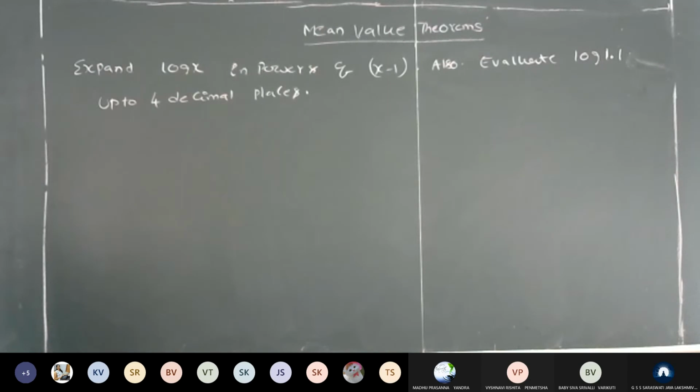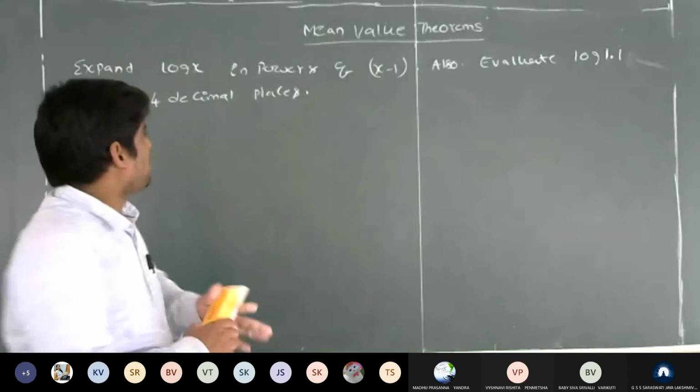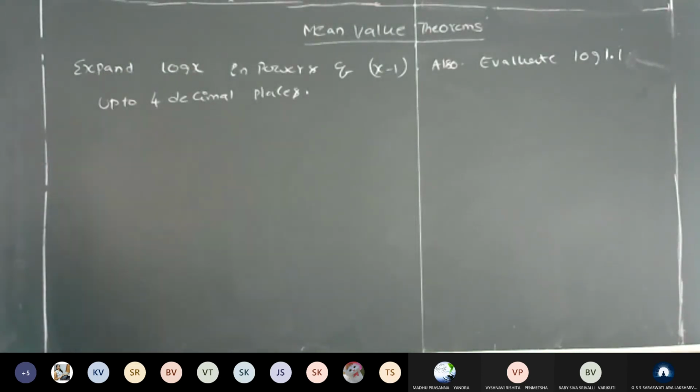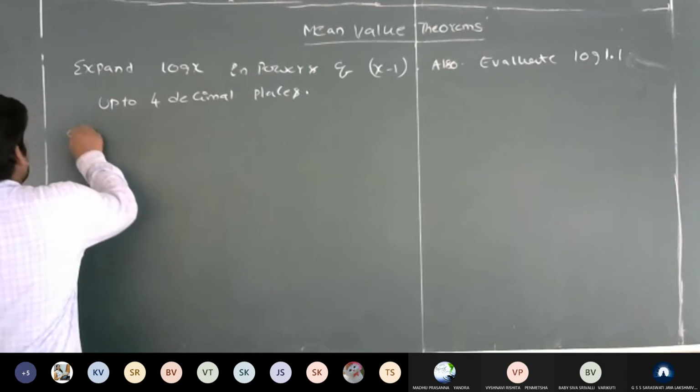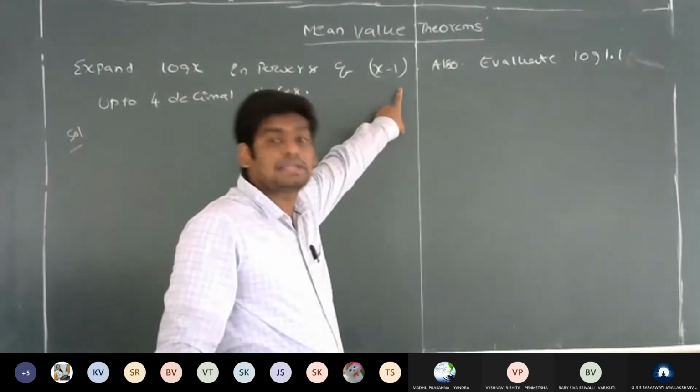So this is one of the very important ones. Why? Because here the Taylor series alone is not enough. We are going to calculate the log 1.1 value also. First, we have to find the Taylor series for the given function in powers of x minus a.